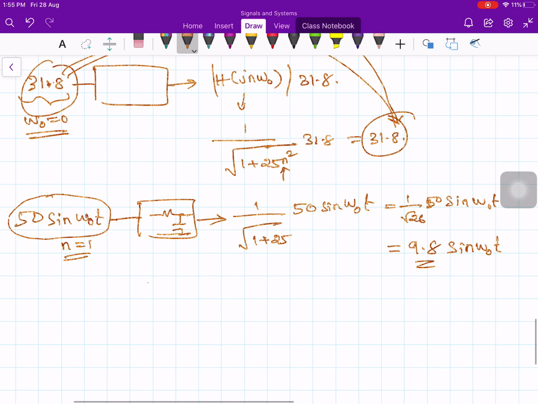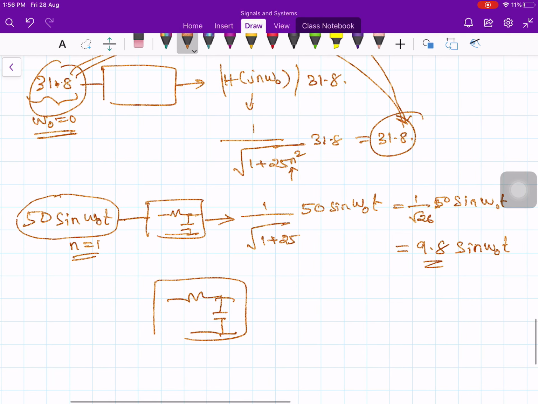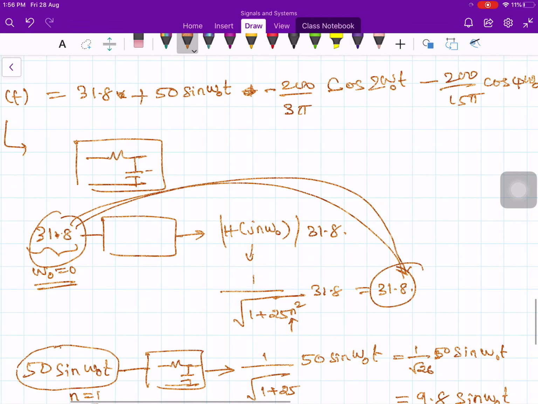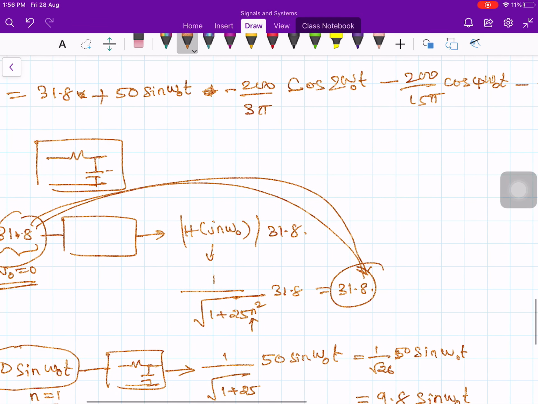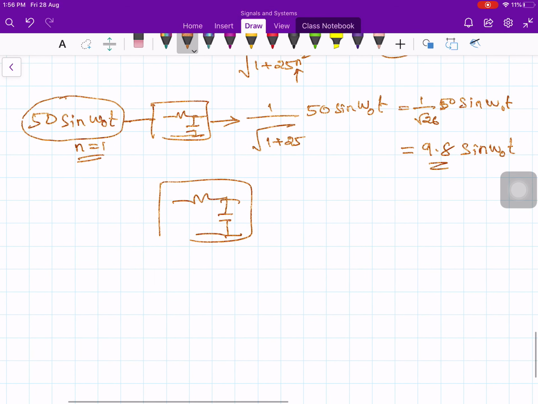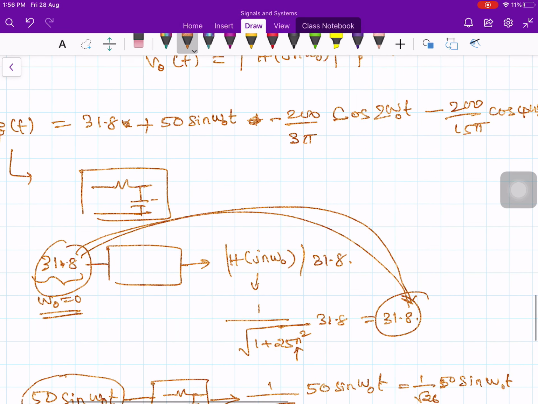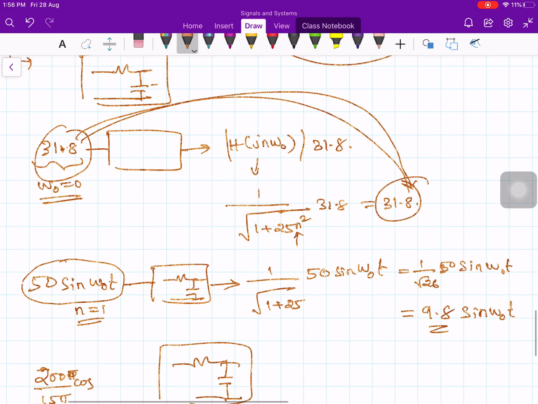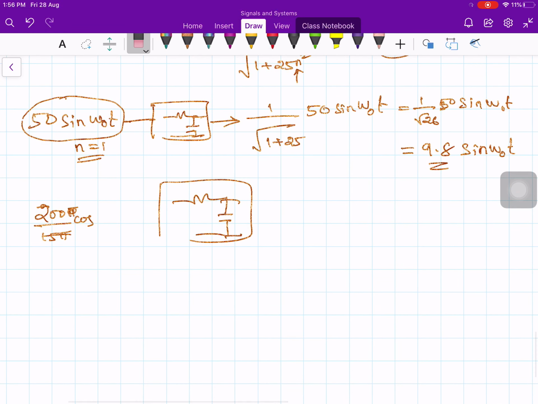Now take the same RC circuit. Now the input is the second term. What is the second term? Minus 200 by 3 pi cos 2 omega naught t.